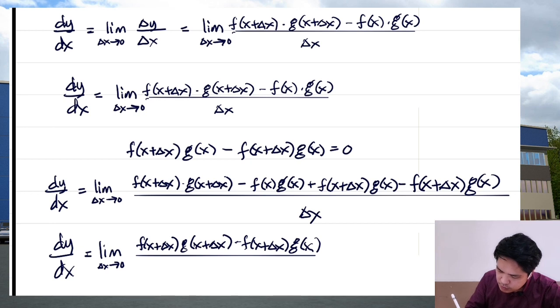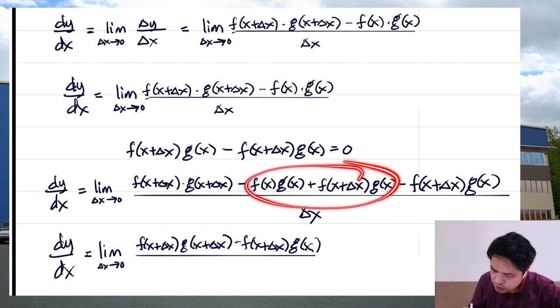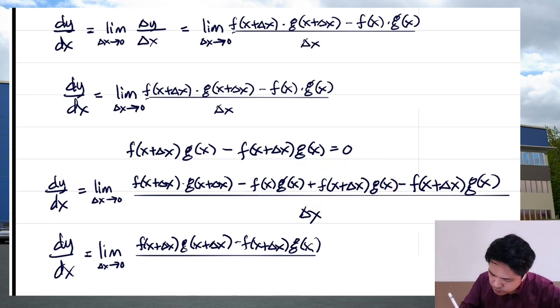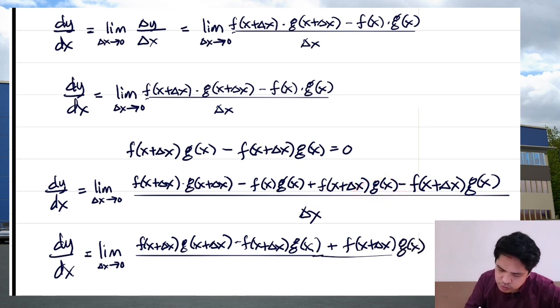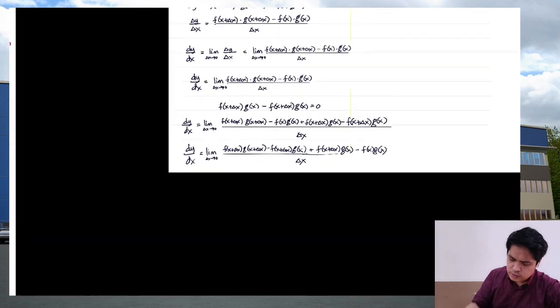Then this is what we partner, but let me write that as plus f of x plus delta x times g of x, so this is what I did first, then minus f of x g of x, over delta x.